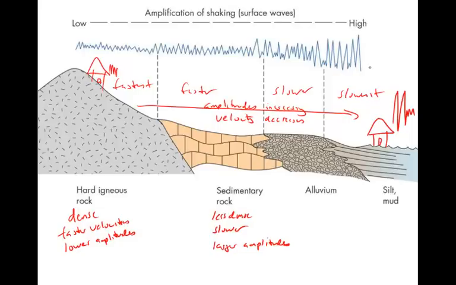As a result, we'd expect more damage, more intensity at locations built in softer material with slower velocities and higher amplitudes, and less damage and intensity at sites built on dense solid bedrock with faster seismic wave velocities and lower amplitudes of shaking.